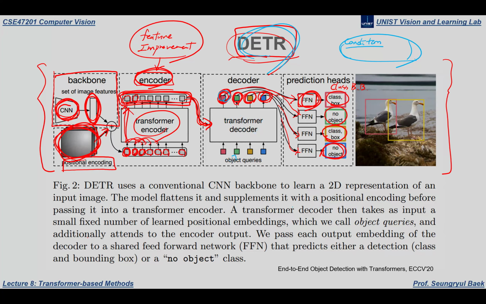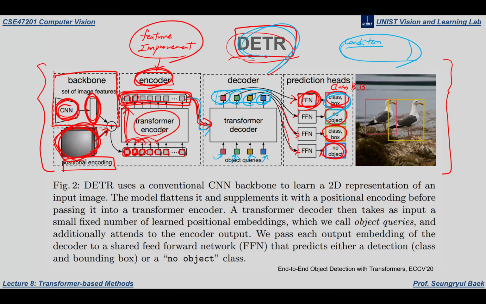But in the image domain, we don't have to do that because our output does not have any sequential meaning. So we get all the object queries at one time, mix them with the image feature, estimate, and map them to bounding box information. Are you guys following this? Okay, yeah.